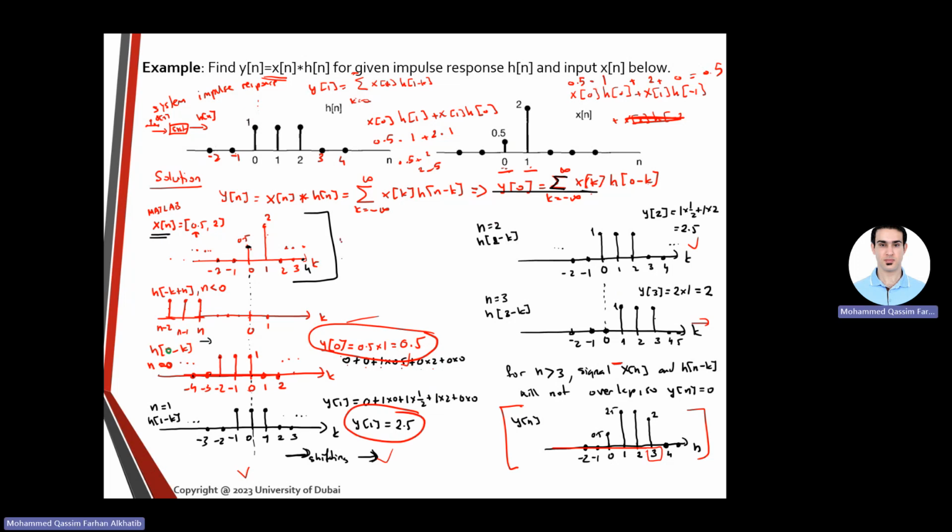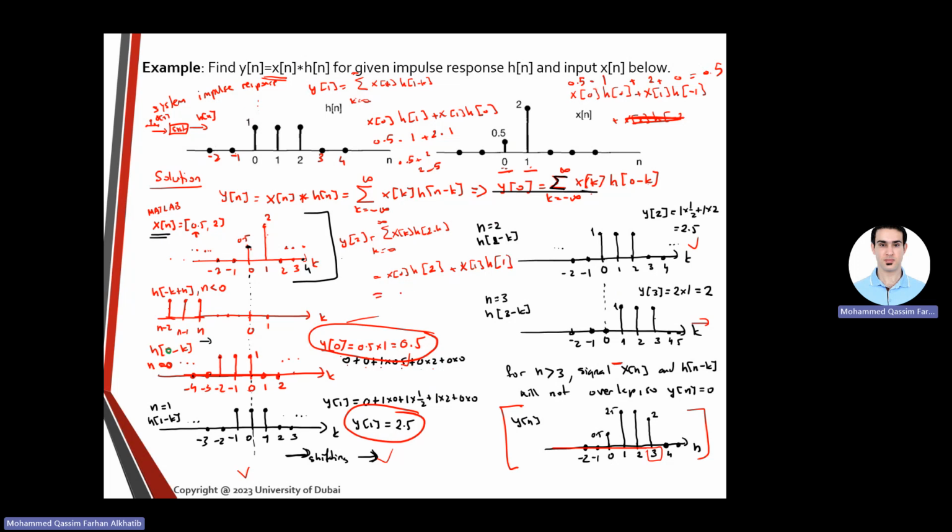y of 2 equals summation k equals negative infinity to infinity, x of k, h of 2 minus k, which is x of 0, h of 2 minus 0, which is 2, plus x of 1, h of 2 minus 1, that's going to be 1.